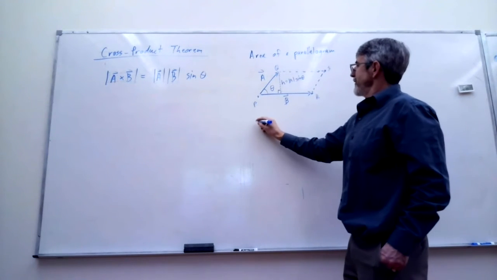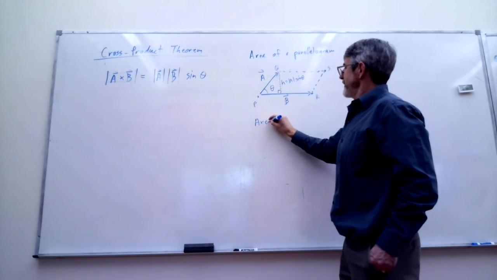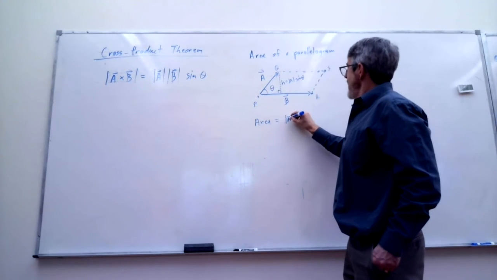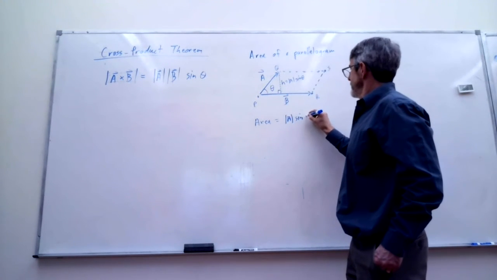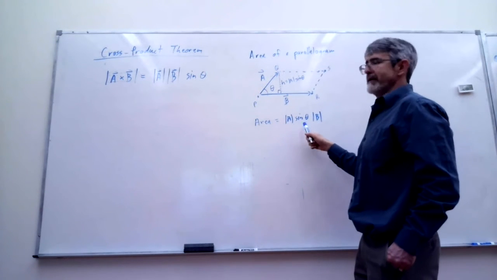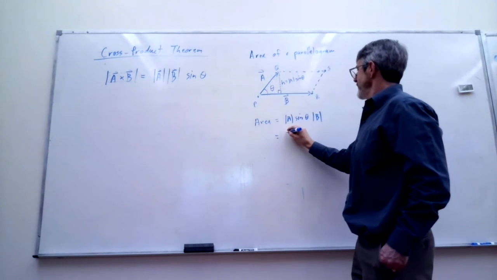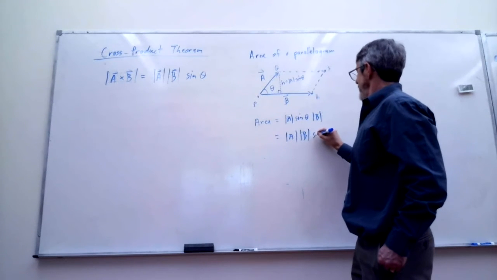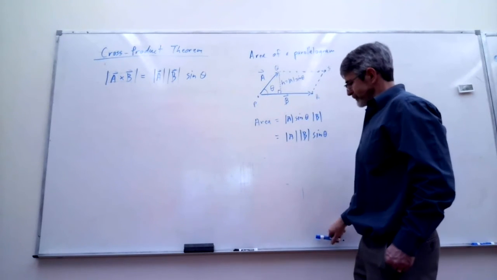So what is the area of the parallelogram? Area is A sine theta times B. This would be the height times the width, which we could rewrite as AB sine theta.